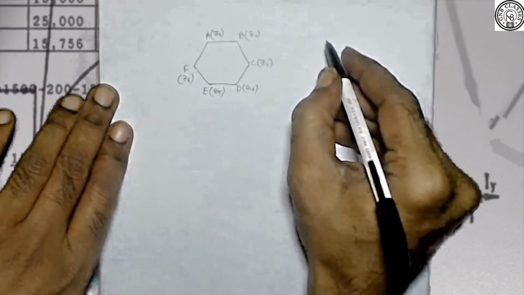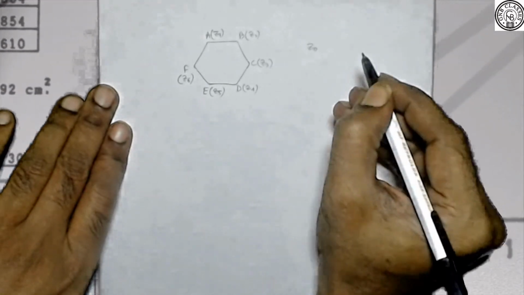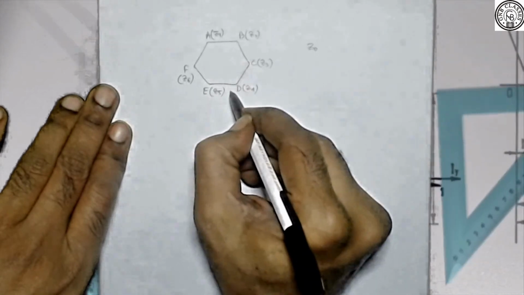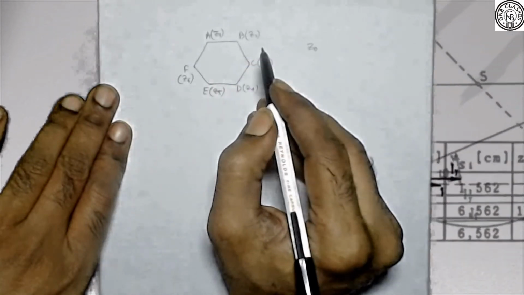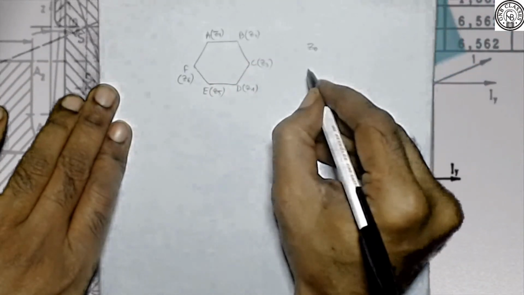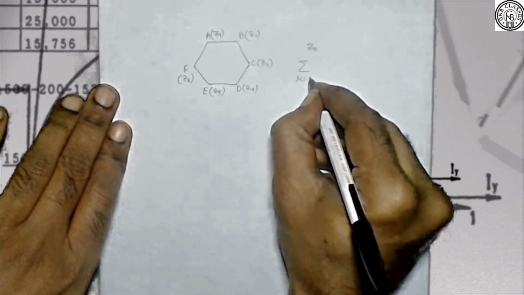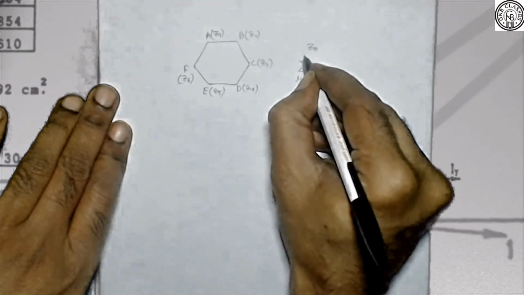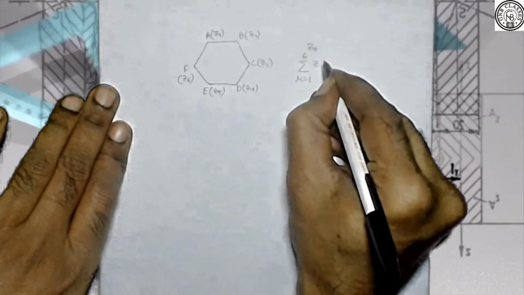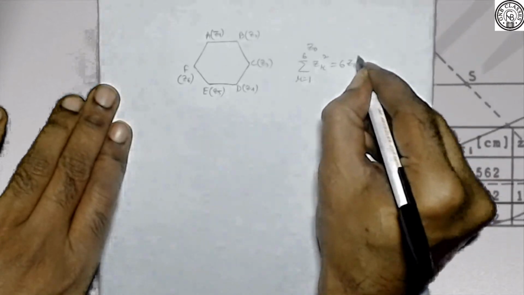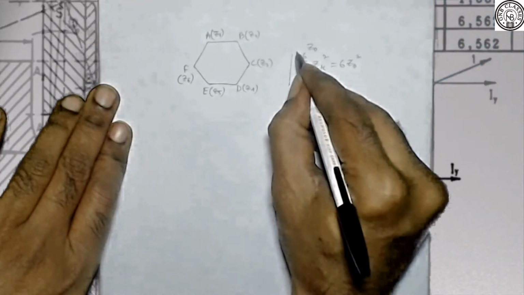Now if Z0 is the circumcenter of this regular hexagon, then prove that sigma R equals 1 to 6 Z square is equal to 6 Z0 square. That's the question. We have to prove this.